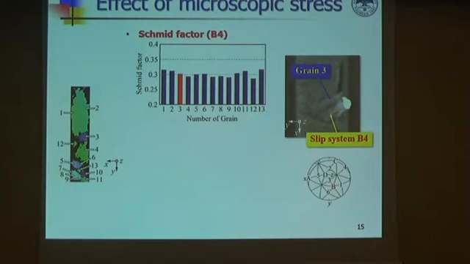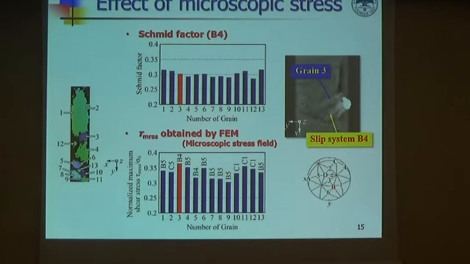Okay, so this is the Schmid factor of B4, which was shown to you in the previous slide. On the other hand, the bottom one is the result obtained by FEM analysis. This is the maximum resolved shear stress. As you see, grain 3 has the largest value, and the slip system is B4.